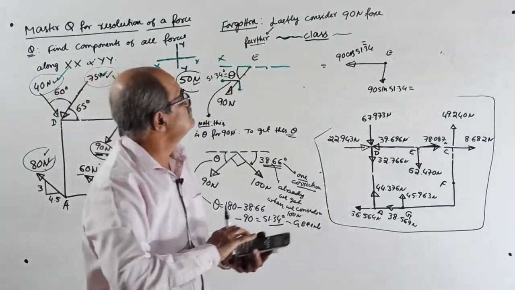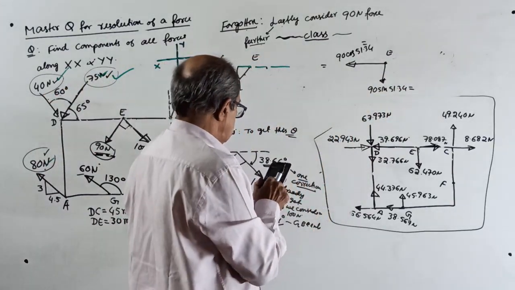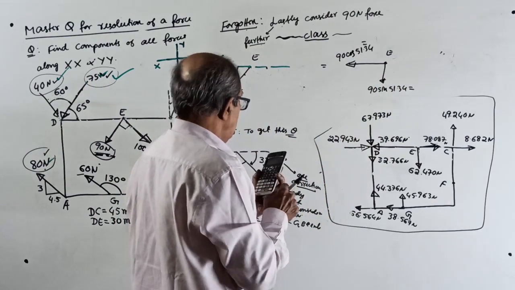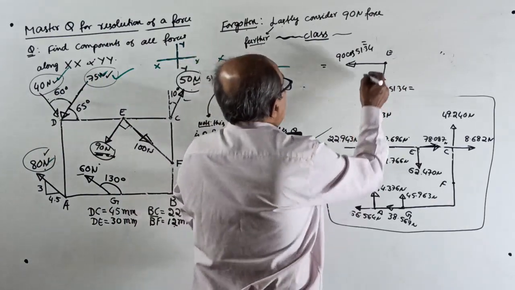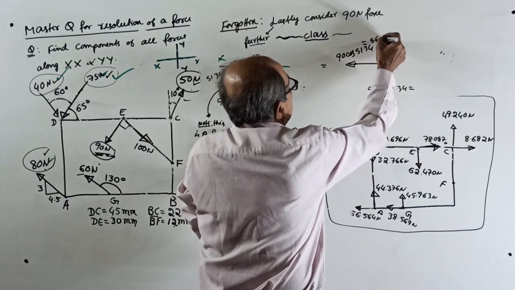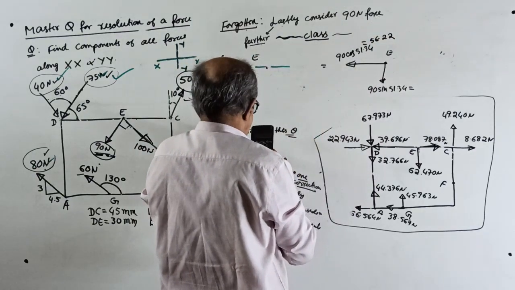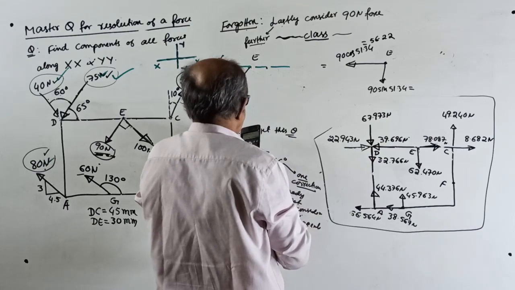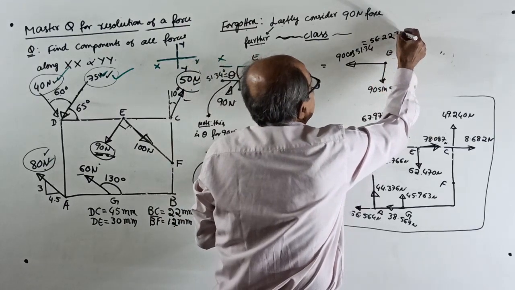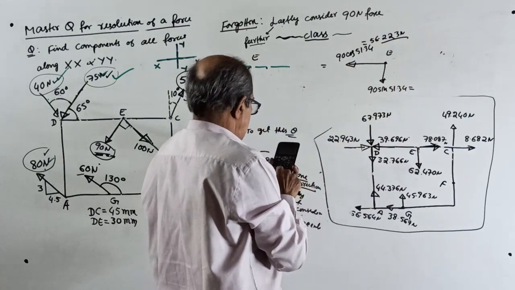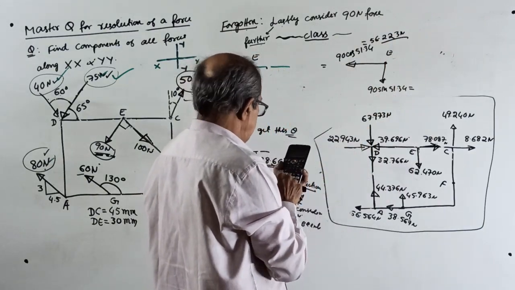Closing part. 90 into cos 51.34 is 56.22, more precisely 56.223 Newton. Vertical is 90 into sine of 51.34.